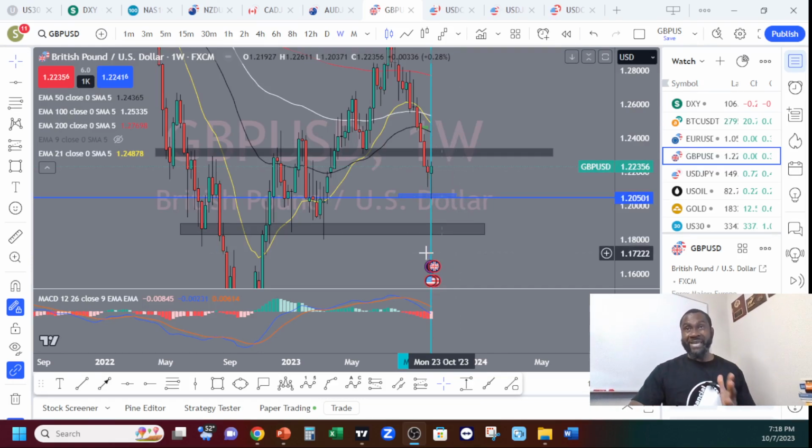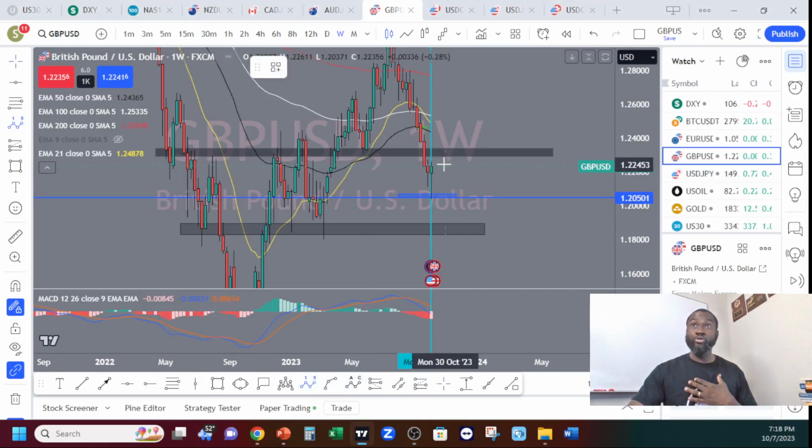That's what I would expect the market to do. The probabilities are for price to either break the uptrend, price has got to do this, or it opens and tests that resistance level, where it broke the level the week before last.